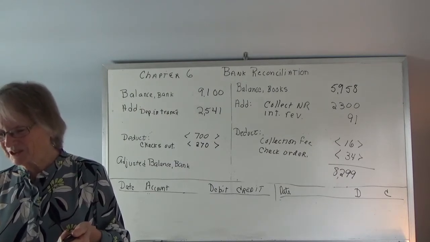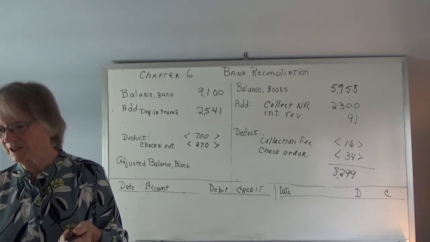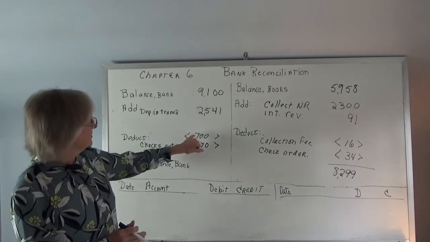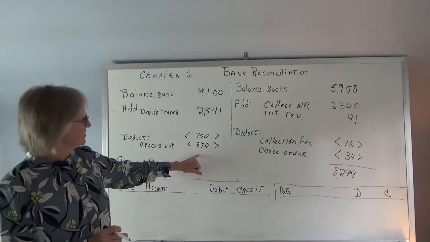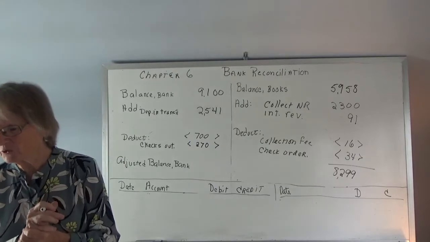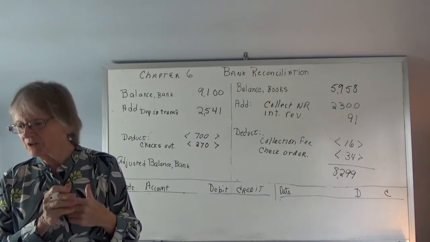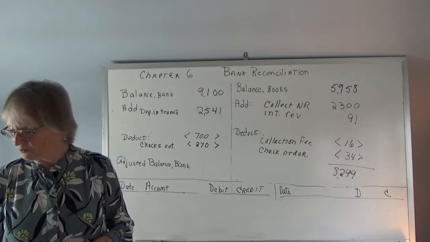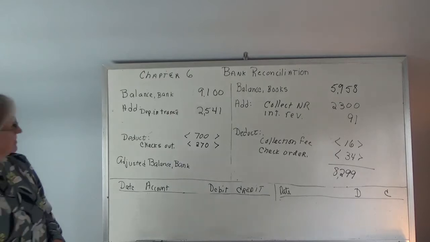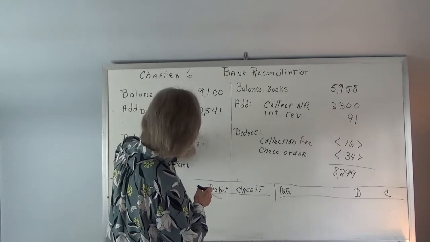So your checks outstanding so far are the 700, the 270. There's a whole other list that I'm going to leave you to look at in the notes, but there's check number 2478 for 300, 2482 for 350, and a few more, so that by the time we're done we end up with our total checks outstanding.